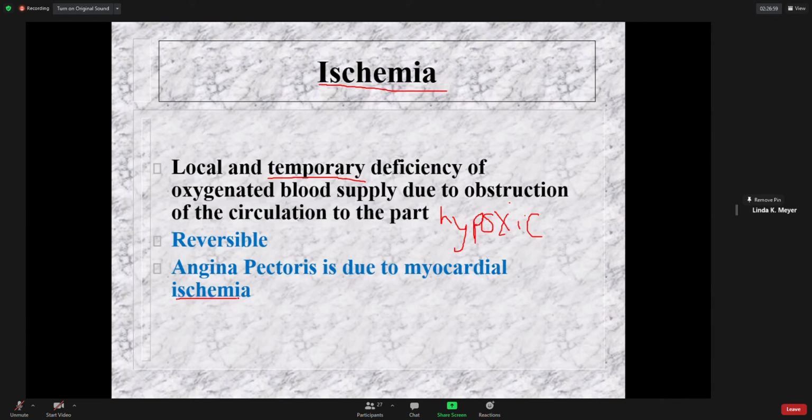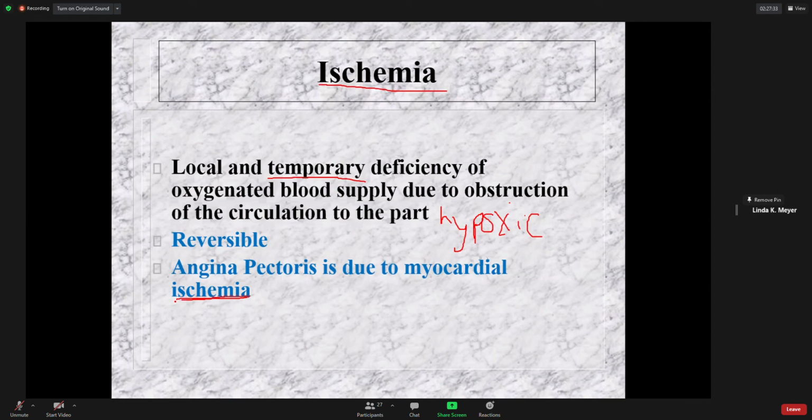This ischemia is occurring in the heart, and they're getting chest pains. What they do to relieve this is take nitroglycerin to open up those coronary arteries and replenish the oxygen supply. If the nitroglycerin doesn't work, this angina attack could lead to myocardial infarction or a heart attack.